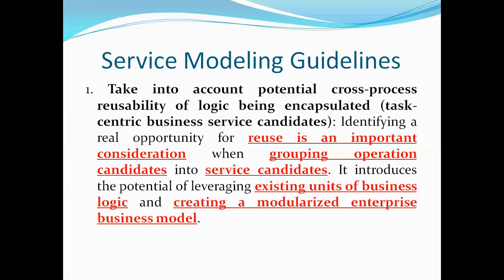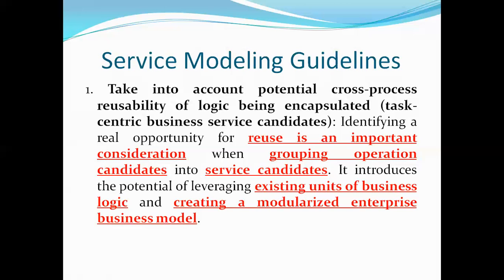Identifying the real opportunity for reuse is an important consideration. While analyzing the web services, keep in mind that the web service must fulfill the reusability principle.